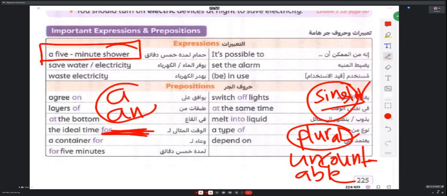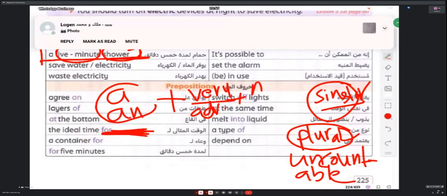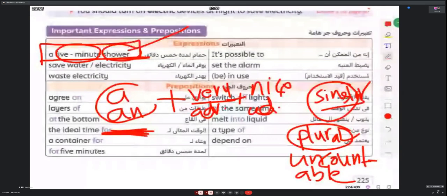We have a shower here, so this is a noun. This is an adjective to the last one. The phrase is a or an or no article, plus very, for example an adverb, plus an adjective, very nice, plus a noun, for example man or girl.